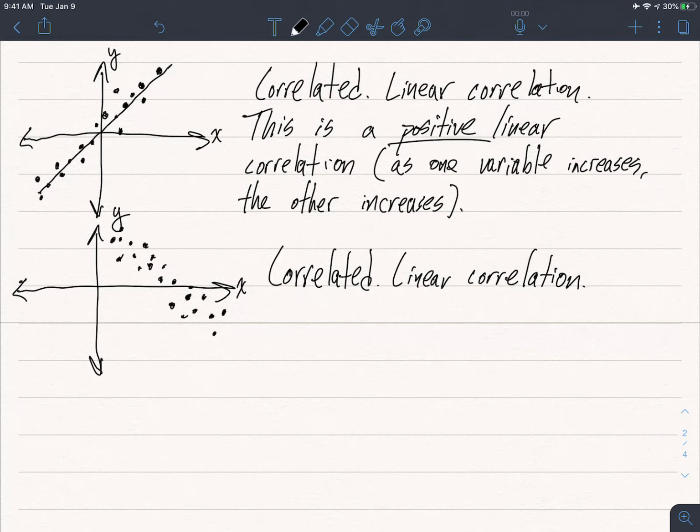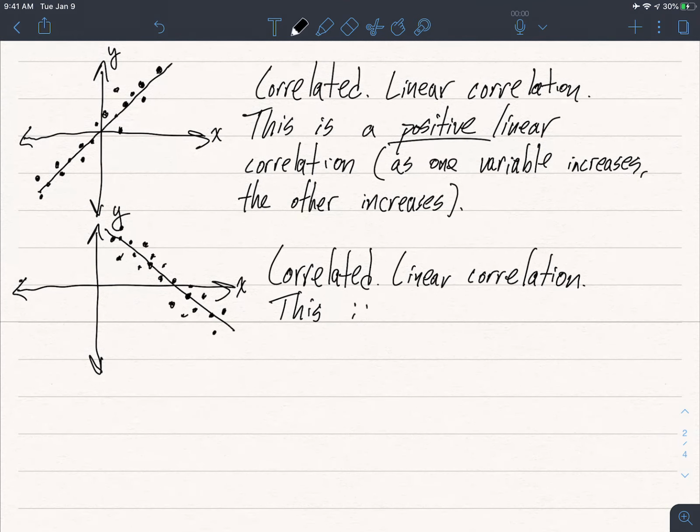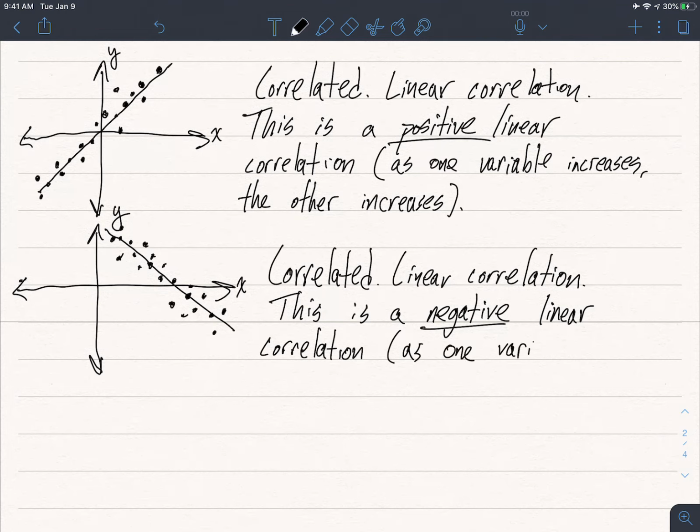The only difference now is that the line they seem to be following is a negative linear correlation. Which means as one variable increases, the other decreases.